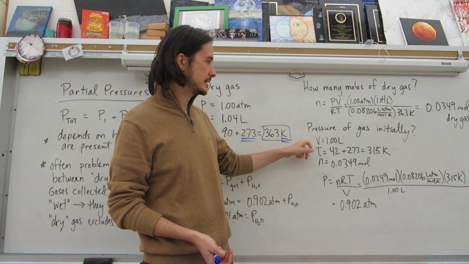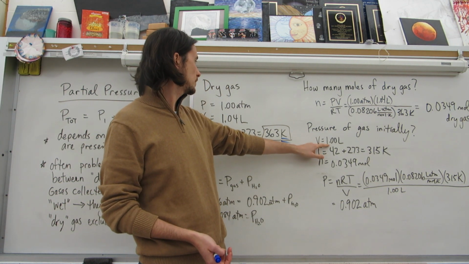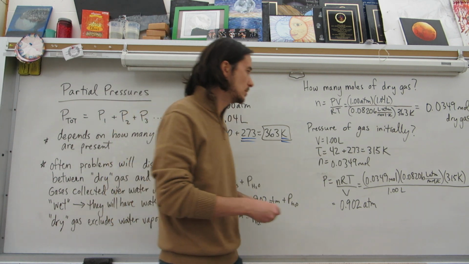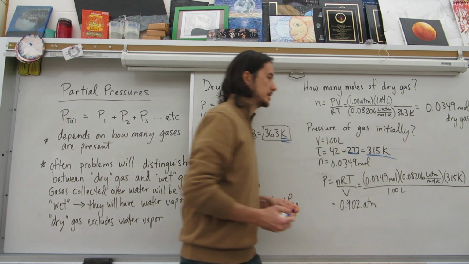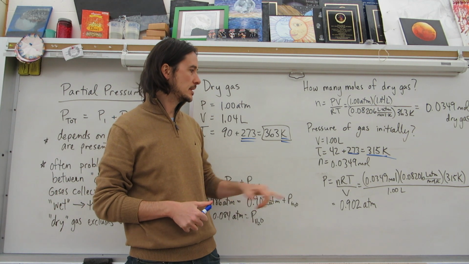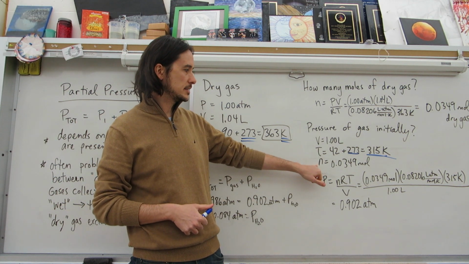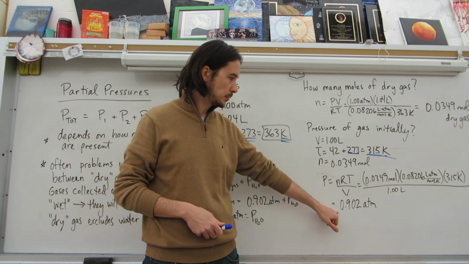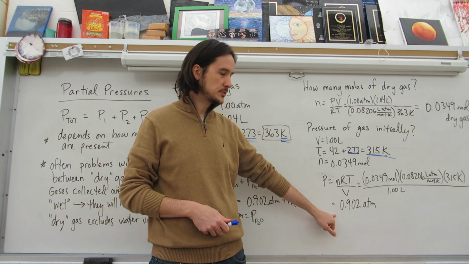So pressure of the gas initially, the initial volume was 1.00 liters. The initial temperature was 42, and again, don't forget to convert to Kelvin. We get 315, and now we plug in the number of moles that we just found, and we solve for pressure. We get 0.902 atmospheres of pressure.